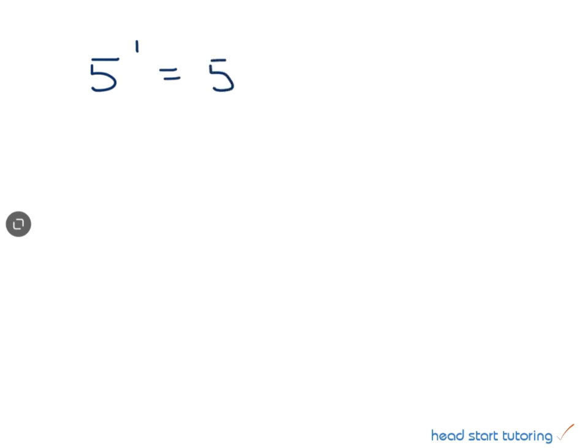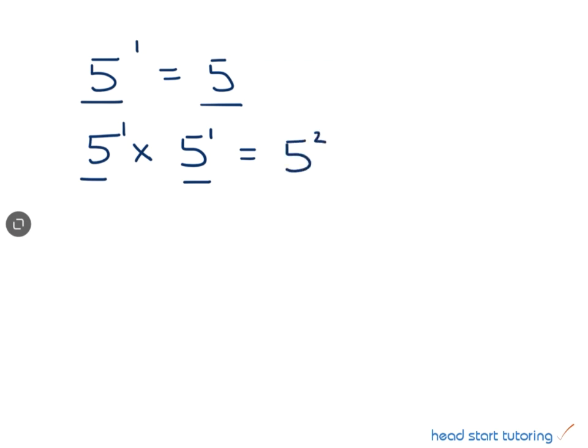When we write 5 to the power of 1, that will give us an answer of 5. When we write 5 times 5, what we need to do in order to understand our exponents and our powers is write these individual numbers also to the power of 1. That will give us an answer of 5 to the power of 2.